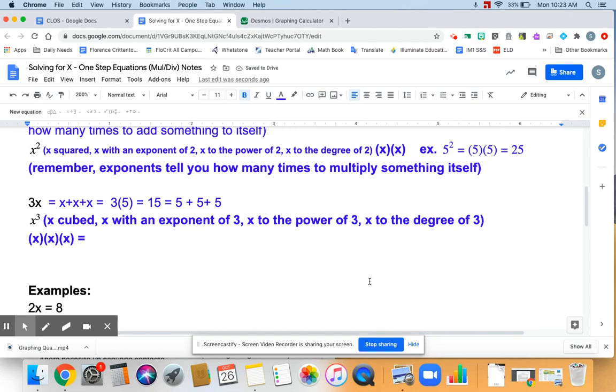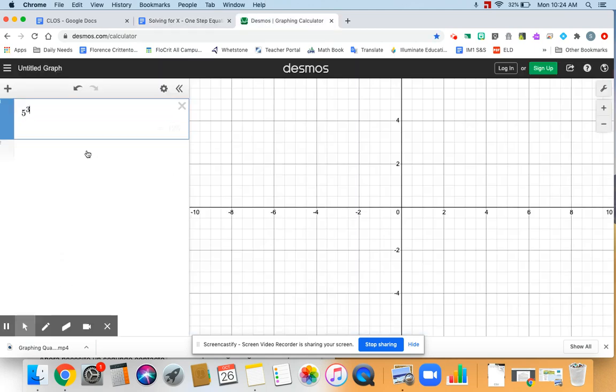So for example, if x was 5, 5 to the power of 3, or 5 cubed, means it's 5 times 5 times 5. In the calculator, here I'll show you what 5 to the power of 3 is. It's 125. Because 5 times 5 was 25, times 5 again is now 125.